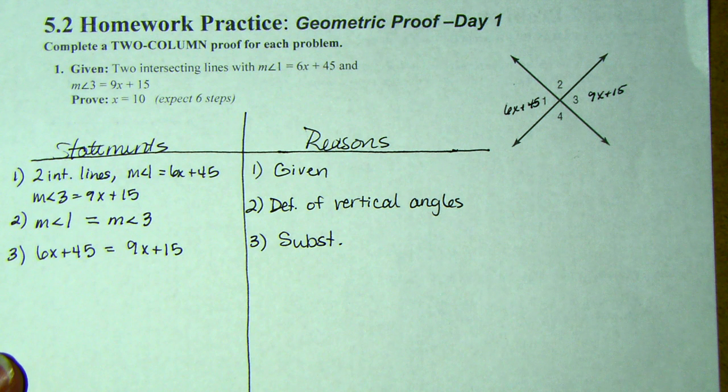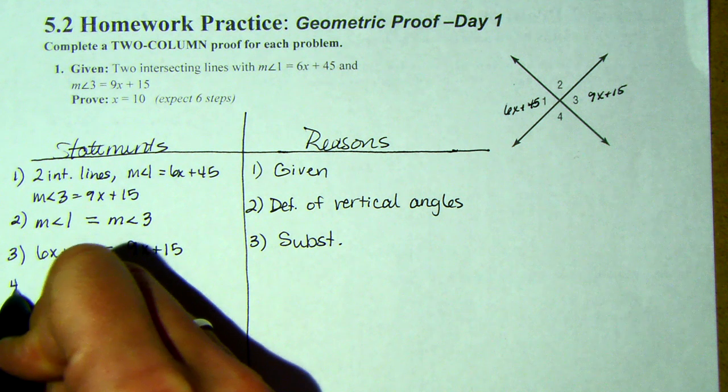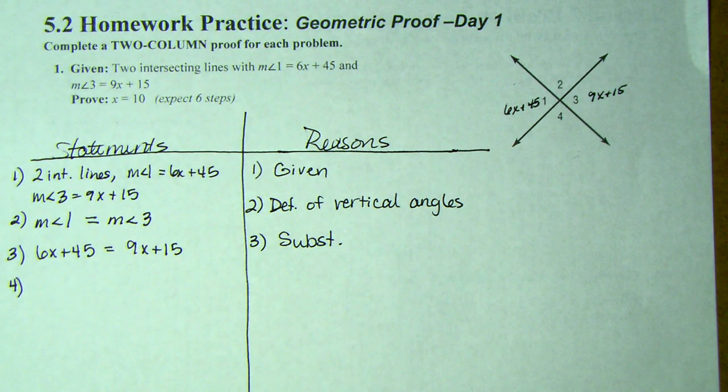Okay, now if I need to show that x equals 10, basically, guys, we just have to do some algebra here and solve for x. So what would the first, and here's where yours might differ from somebody else's, because you may not do it in the exact same order. Subtract what?